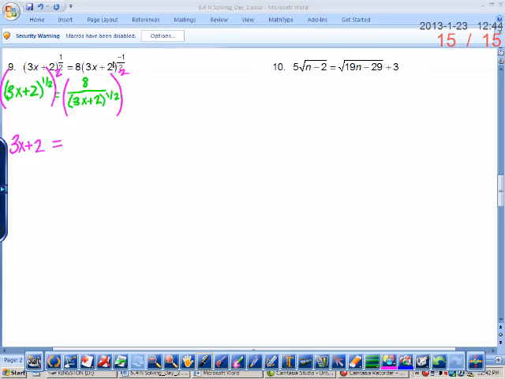Okay, what do I do with this squared? Yeah, 64 over 3x plus 2. Okay, what would we do next? Multiply by this 3x plus 2.